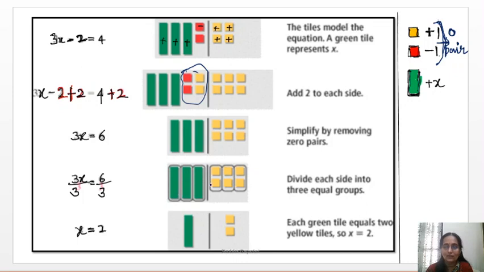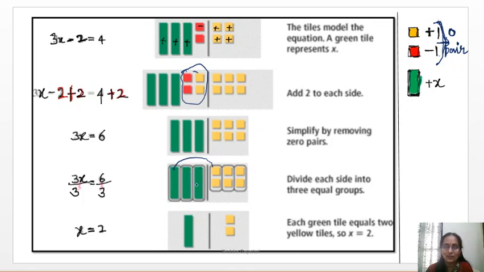You have 3 x's, 3 green strips here. It represents 3x. You have 3 groups. There are 2 squares in one group, right? So 1x equals one group: one green strip corresponds to one group.